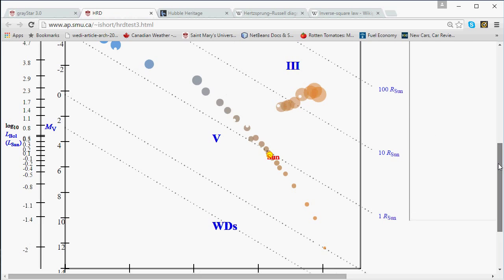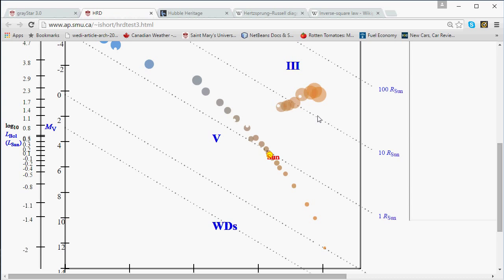So this is a group of stars that lies towards the right-hand edge of the diagram. That means that they are stars of relatively low effective temperature. And that makes sense because, as their name suggests, these are stars that are red in color. And thinking back to episode 1, that would mean that they are stars of relatively low effective temperature. That puts them towards the right-hand side of this diagram.